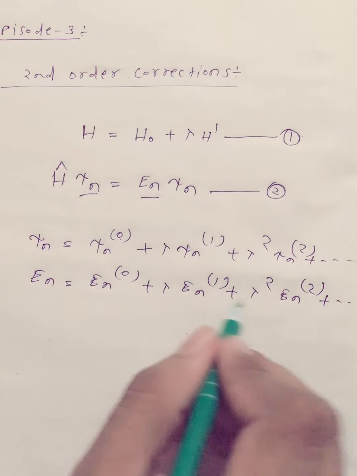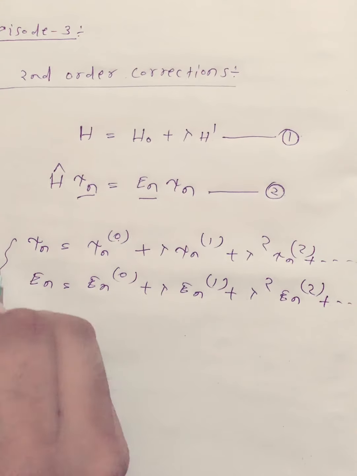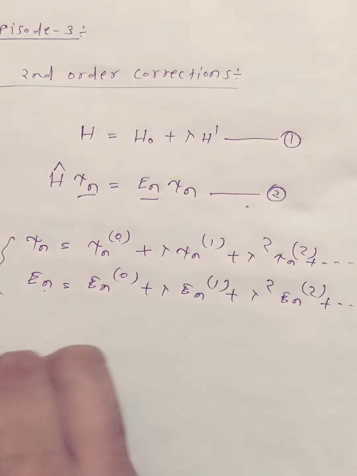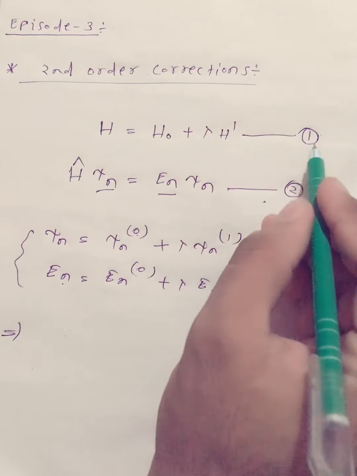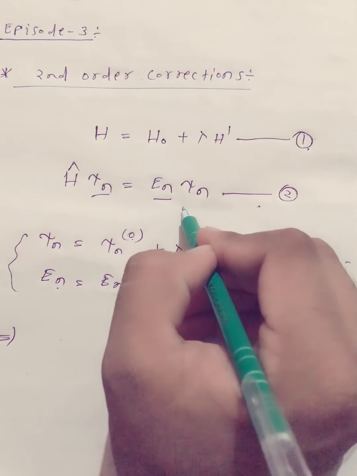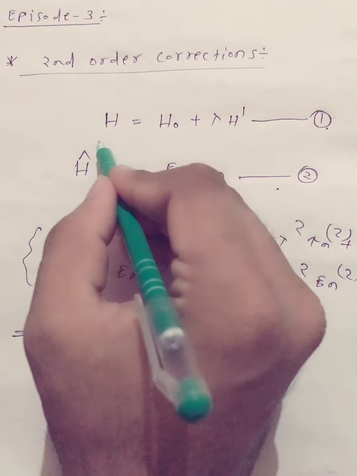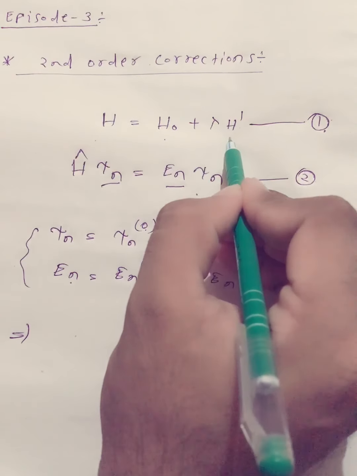We can put psi n and En in equation number 2, and also put in equation number 1, so that instead of the Hamiltonian operator we write H naught plus lambda H prime.